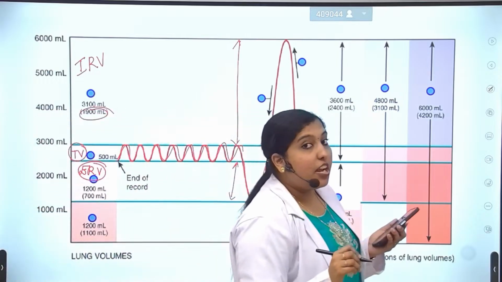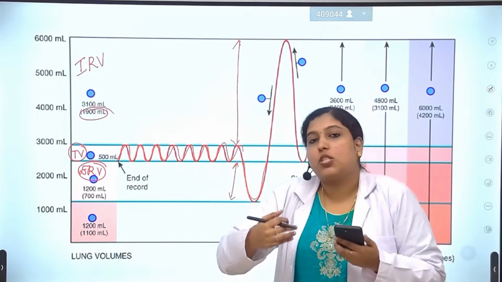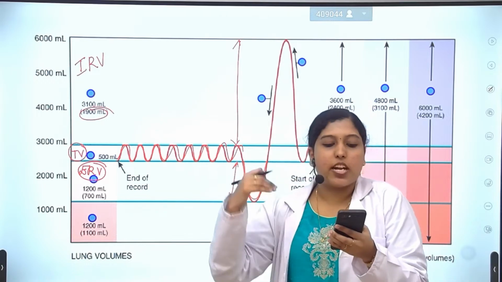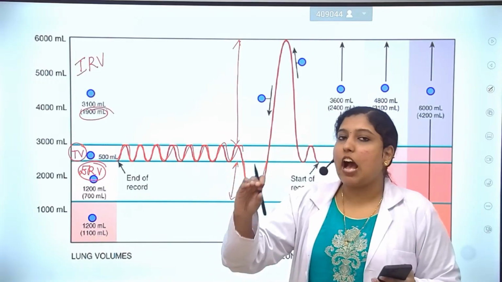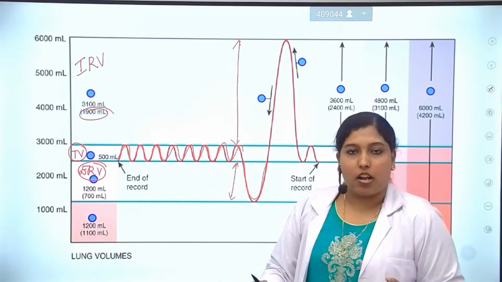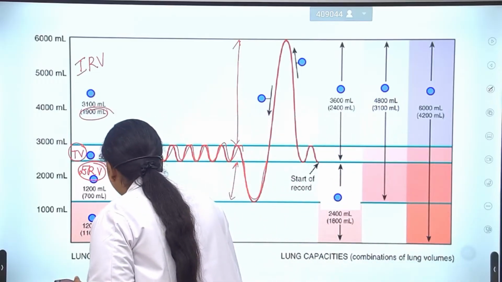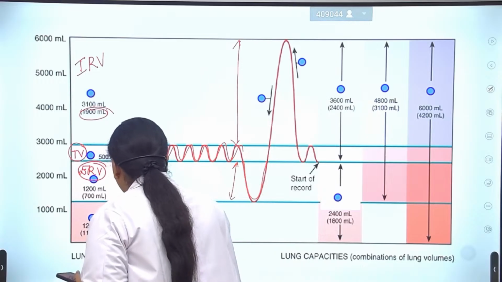Even after the forceful exhalation of air outside my lungs, I always have a minimal amount of air inside my lungs. That is termed as the residual volume.